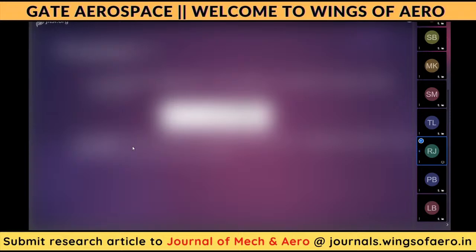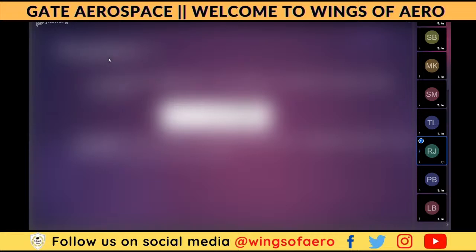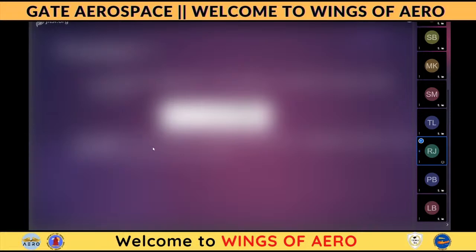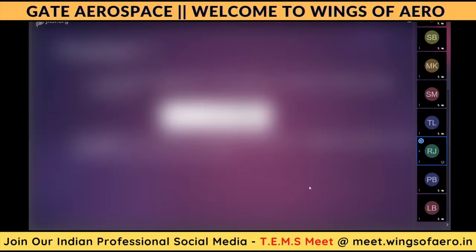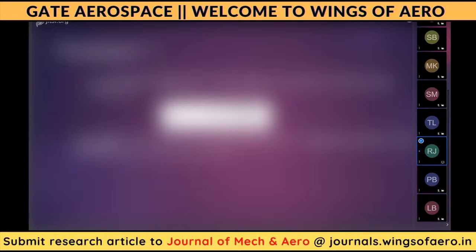The free stream density is 1.2 kilogram per meter cube and the velocity is 100 meter per second. The total lift is dash kilonewton. We need to find the total lift, that is L.